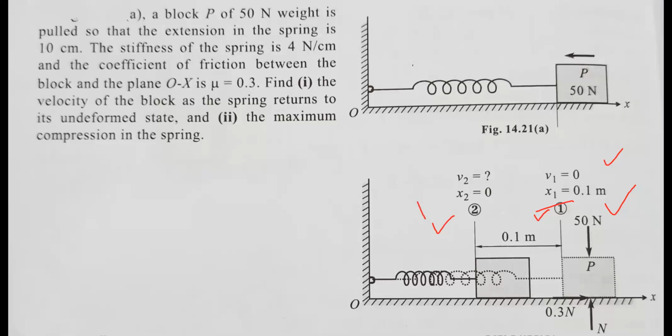That's why the deformation is equal to 0, and it has a certain velocity with which it will move from that position and continue to compress the spring. At the state of maximum compression it is going to have the velocity equal to 0. So we need to calculate these two things: the maximum compression and the velocity of the block as the spring returns to its undeformed state.